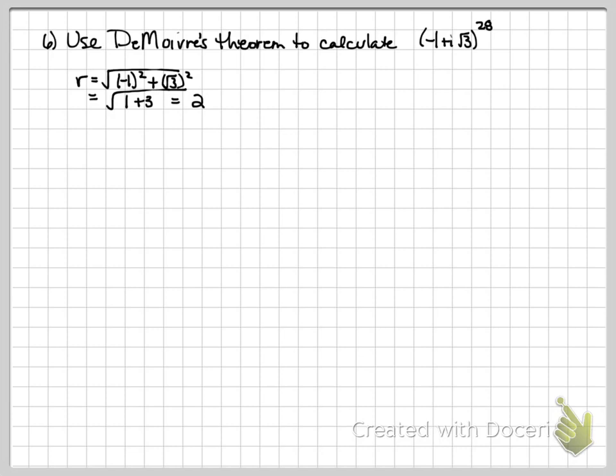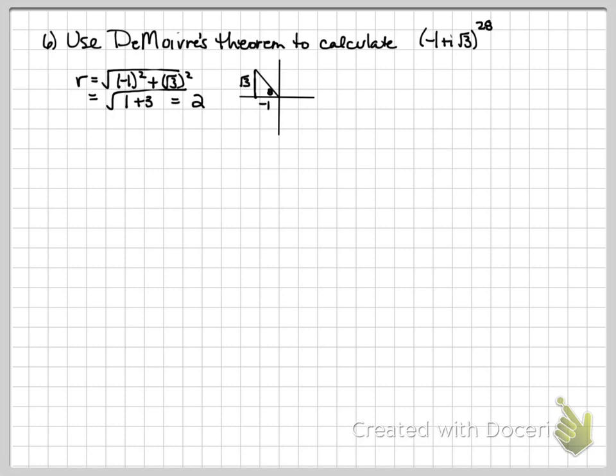Now for theta, I need to know where I'm located. So I'm going to do a quick sketch to make sure I get the right angle. I have a -1 as my real number and a positive root 3, so I'm up this way. That's -1, and that's root 3.